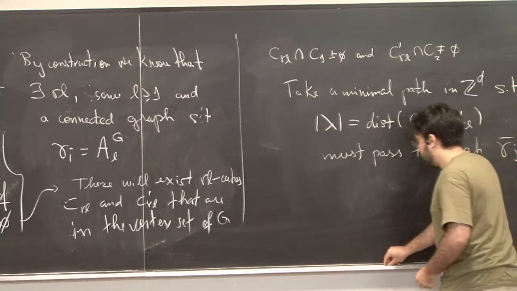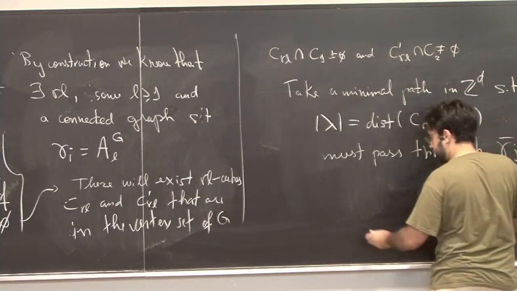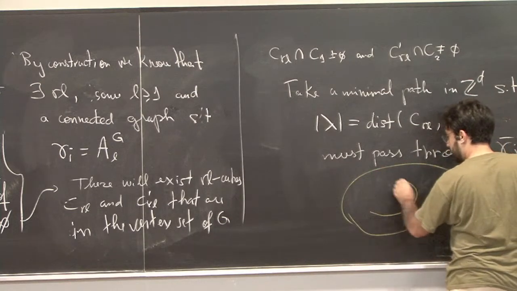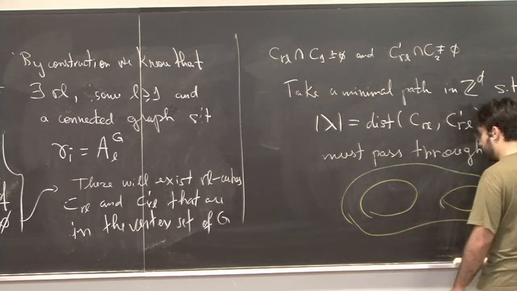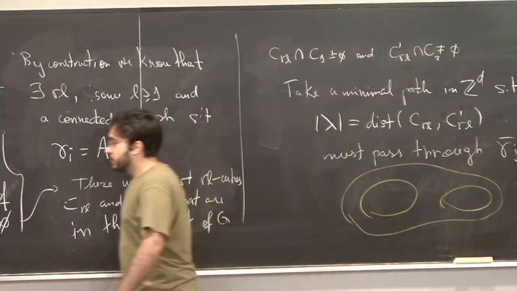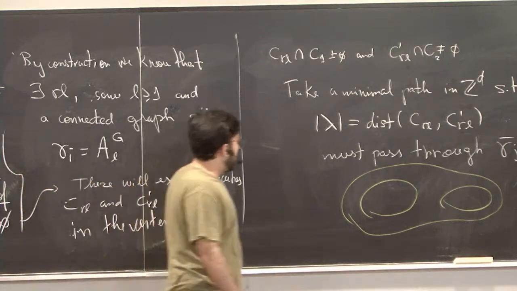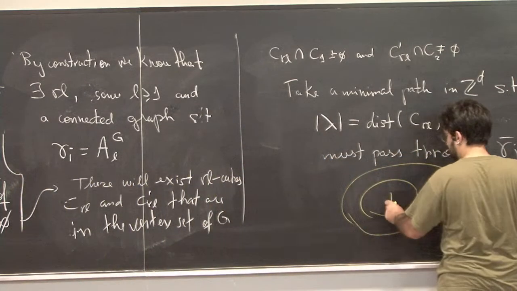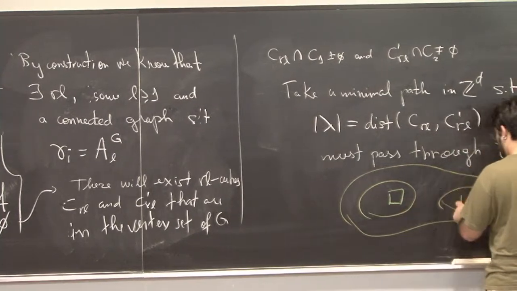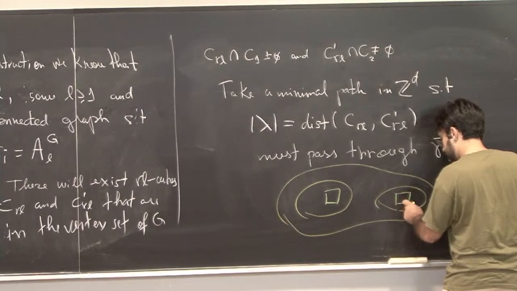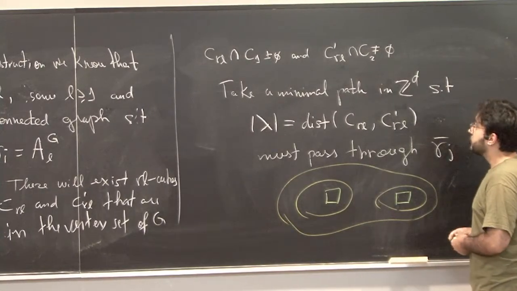So let me make some drawings. If you have, let's say, something like this, we already saw this figure right here, and you have a cube that is inside here, and a cube that is inside here. Okay?